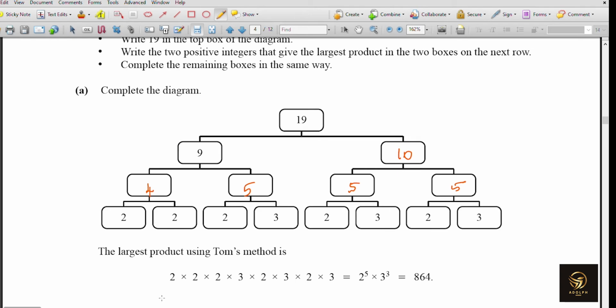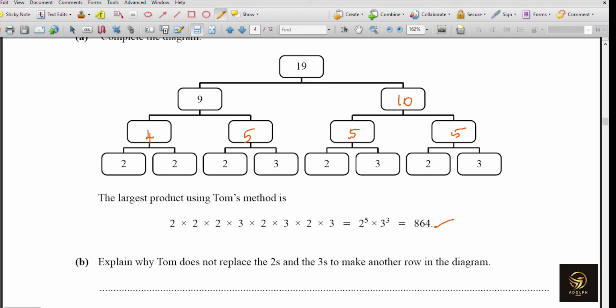So that's what they have done here. The largest product using Tom's method is, okay, so 1, 2, 3, 4, 5, 5, 2. So 2 power 5, 1, 2, 3, 3 power 3, that gives 864. You can check in your calculator and it would be correct.